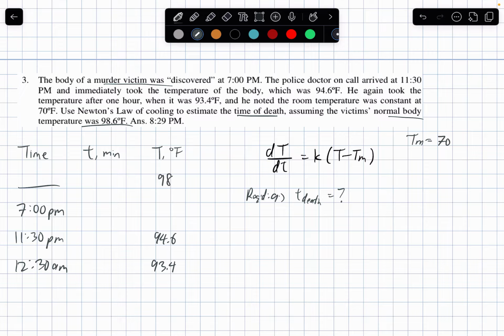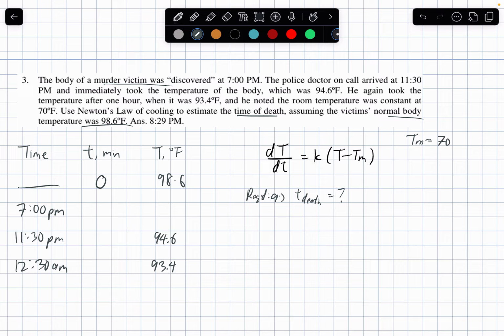Normal body temperature is 98.6. If you think about the trend here, when you die, of course your temperature becomes lower, no? Your organs start to fail. So it gives you the idea that this one is your initial temperature at time zero.